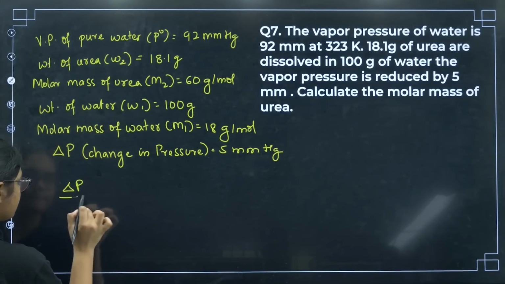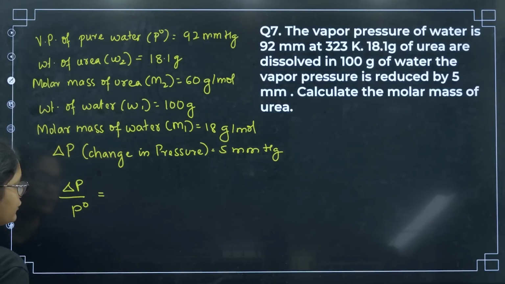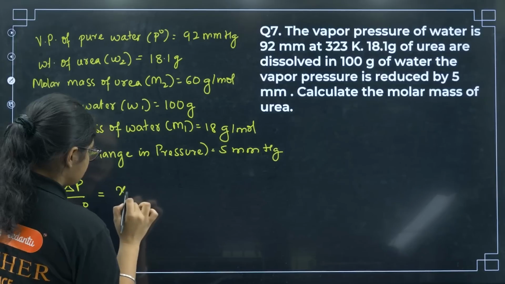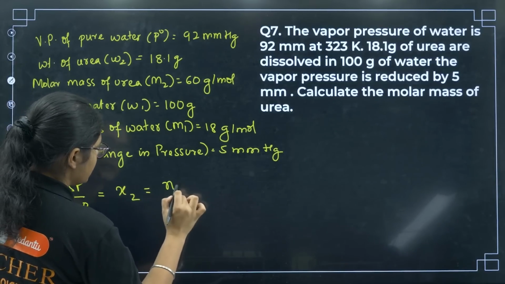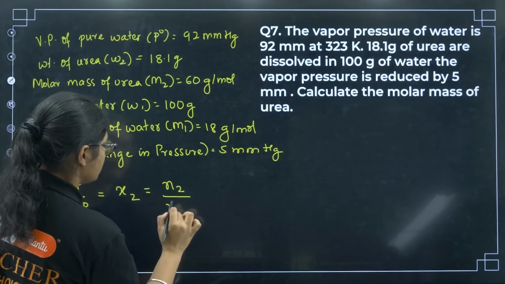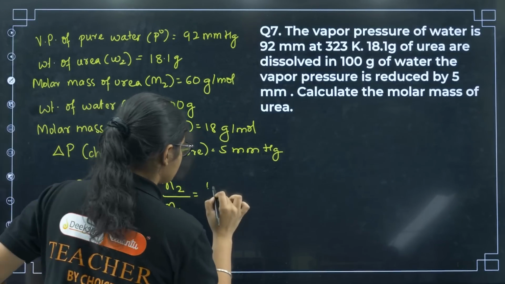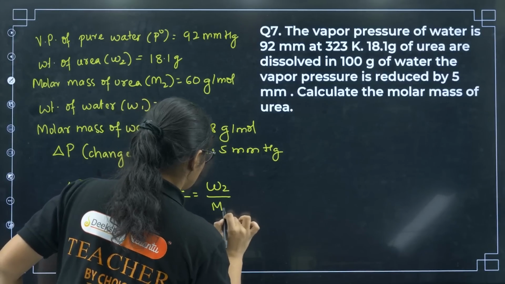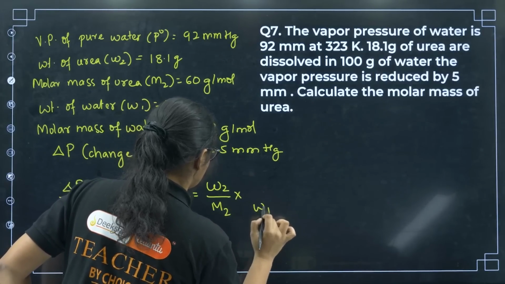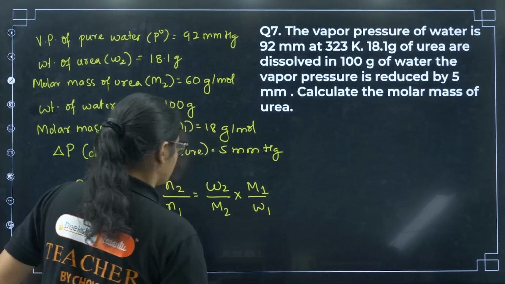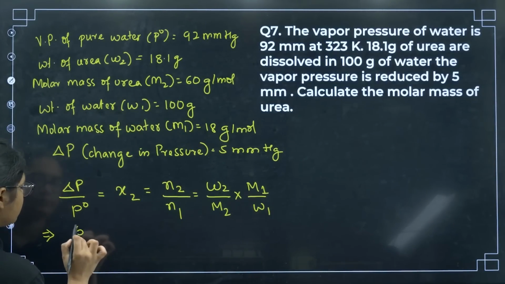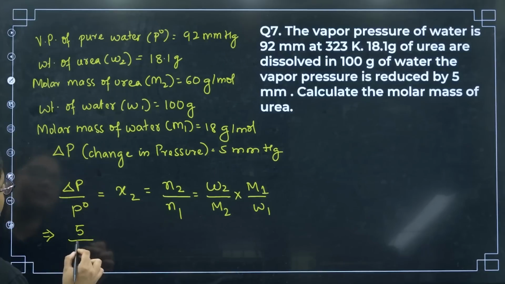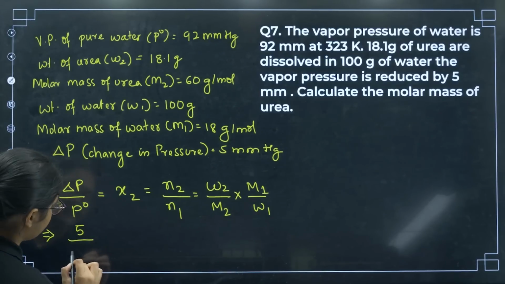Now we can calculate quickly, very easily. Delta P by P naught is equal to X2, because I am writing it in the form of solute, that is N2 by N1, and that is equal to W2 by M2 into W1 by M1. Now I will substitute the values. What is delta P value? 5, and here P naught value is 92.